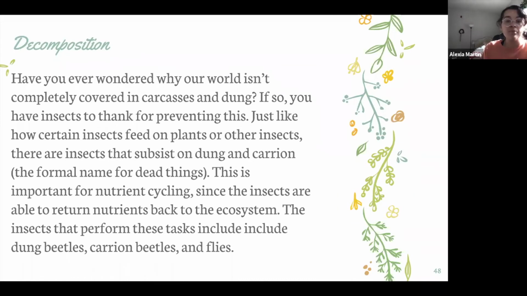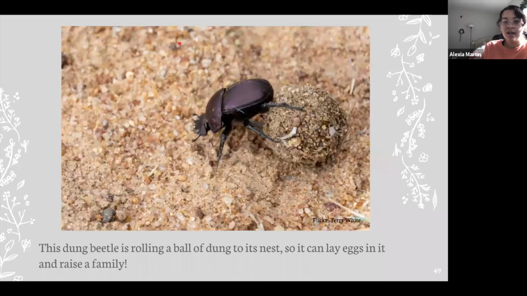This is important for nutrient cycling, since the insects are able to break down those materials and return nutrients back into the ecosystem. The insects that perform these tasks include dung beetles, carrion beetles, and flies. So here we've got a cute picture of this dung beetle, and it is rolling this ball of dung.